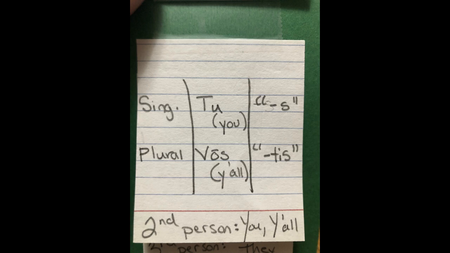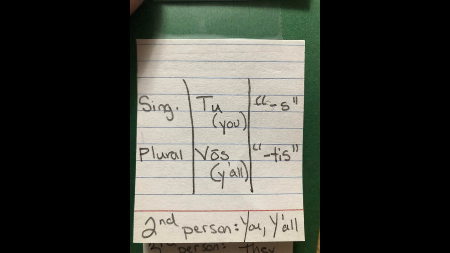Skip a line. Then on the next line, write the word vos, V-O-S. On the line below it, write y'all in a parenthetical. Then in the third column, right next to tu, write the ending s. When you have a verb that ends in s, then the word you is the subject.